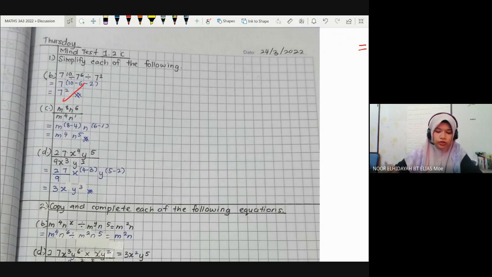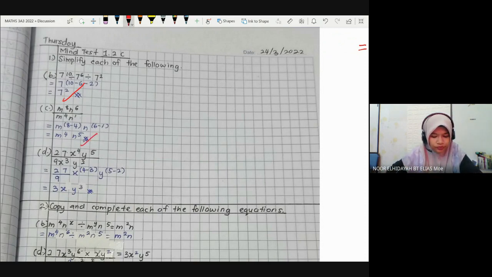Cikgu dah memang pesan kalau soalan hanya tulis n, you put the index 1 so that you will not make a mistake. With the same base, just subtract the index. So 8 minus 4, and then n, 6 minus 1. So the answer is m to the power of 4, n to the power of 5.